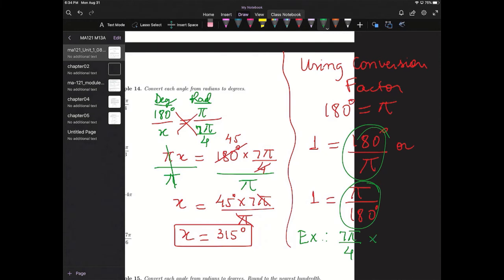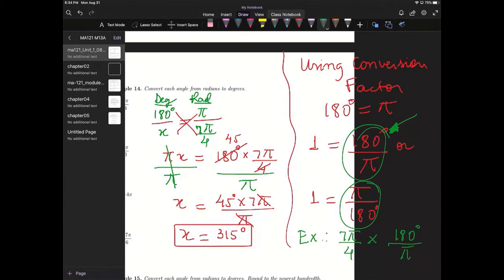So I'm going to multiply by 1 here, but 1 for me is actually the fraction that you saw above. Instead of writing 1, which is equivalent, I want to multiply by this fraction right here, which is the same as 1, because the degree is on the top and radian on the bottom cancels the other radian. So if I multiply by that conversion factor, that's enough. This multiplication already gives me the conversion I need.